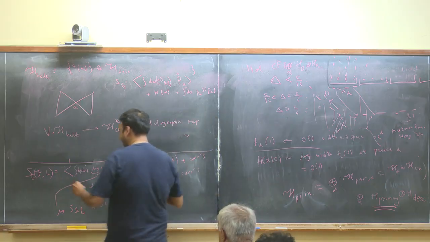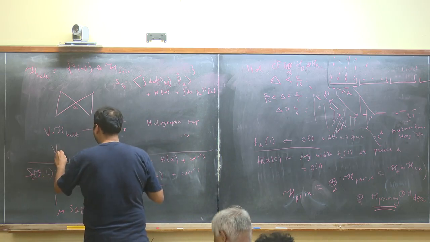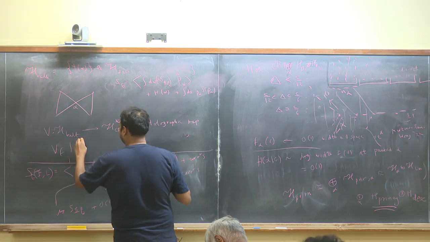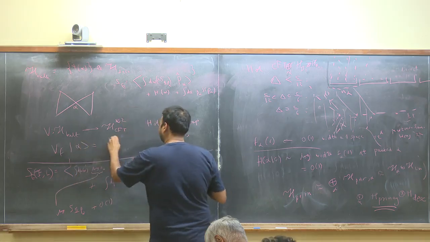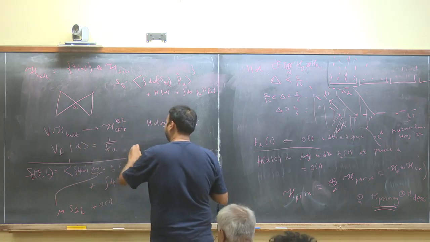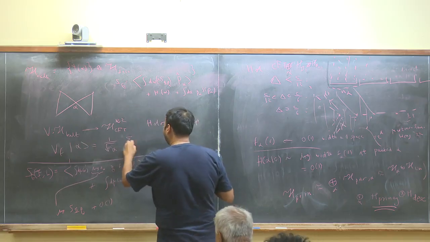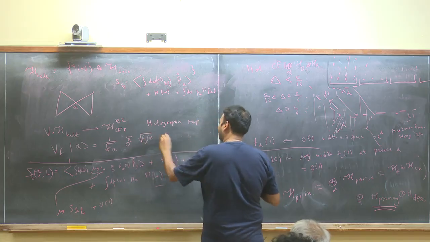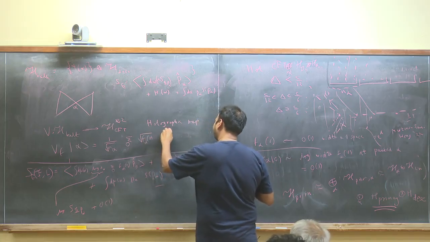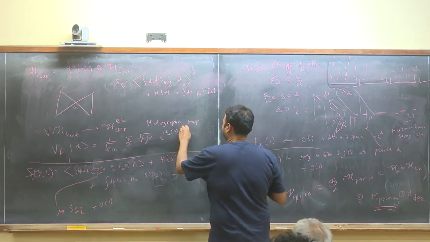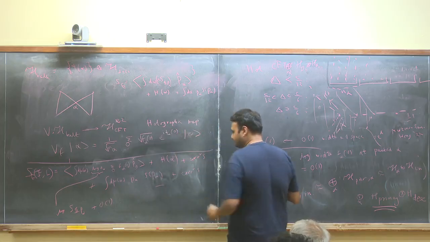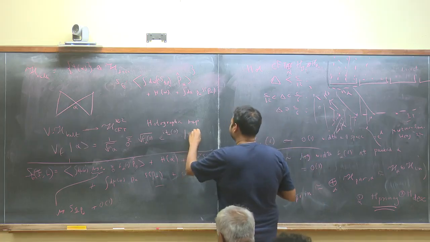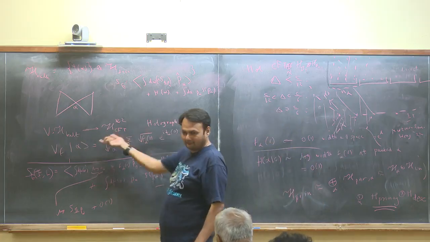Basically, what all of this suggests is that you can define V of f acting on some alpha equals 1 over square root of N alpha, sum over O, square root of f alpha of O, e to the i phi alpha of O. And it's the identity on the descendant factor.